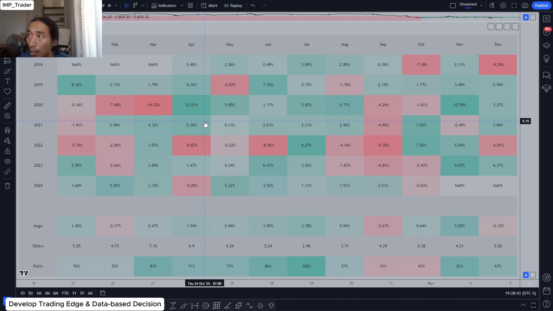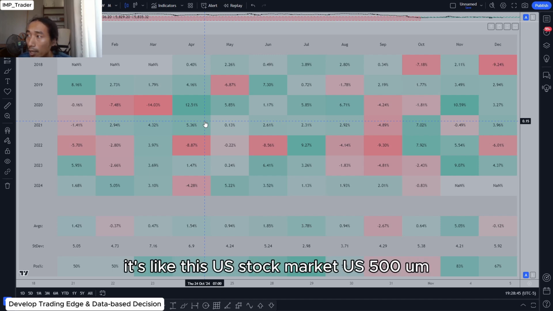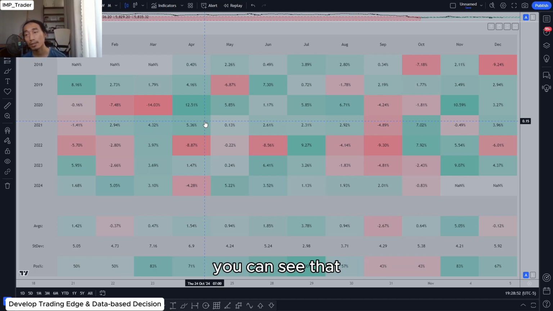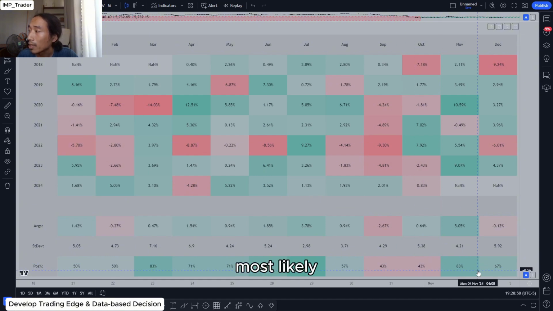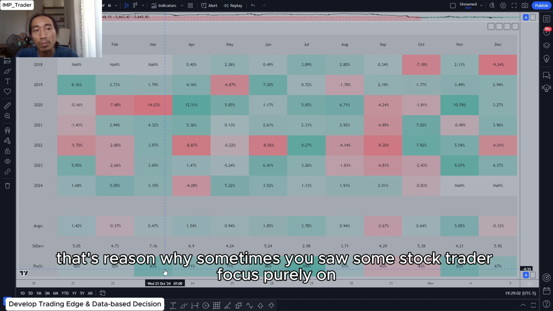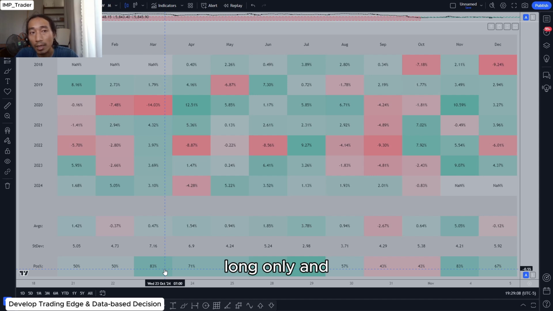It's like this, the U.S. stock market, the S&P 500. You can see that it's quite interesting to see the tendency of the stock market is most likely bullish. That's the reason why sometimes you see some stock traders focus purely on long only.